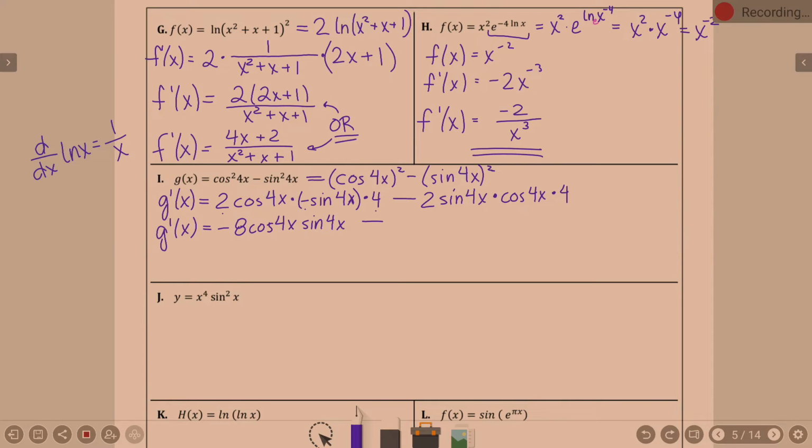Minus, on this next one, 2 and 4, so 8 sine 4x cosine 4x. Are they like terms? Yeah. It's cosine 4x, sine 4x, sine 4x, cosine 4x. It's the same thing as saying xy, yx. They're like terms. Negative 8 minus 8 is going to make this negative 16 cosine 4x sine 4x.